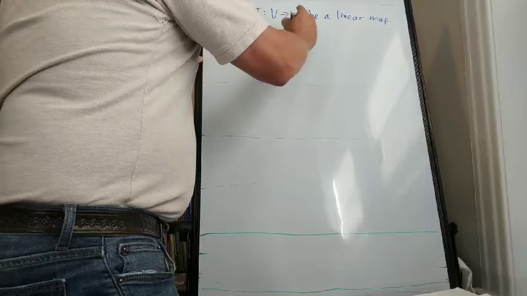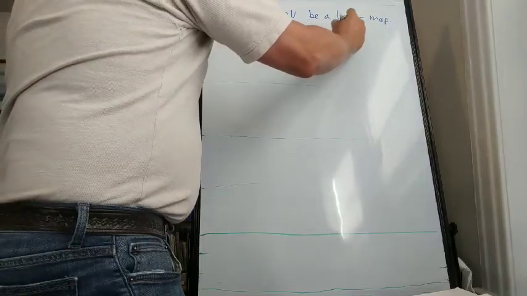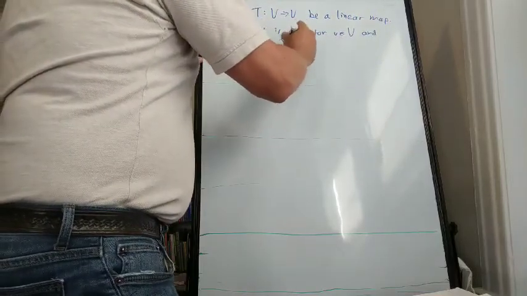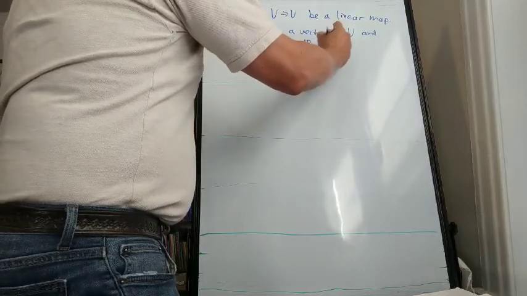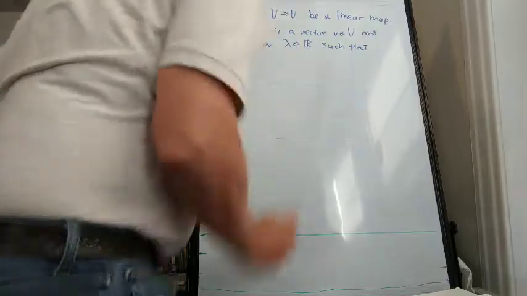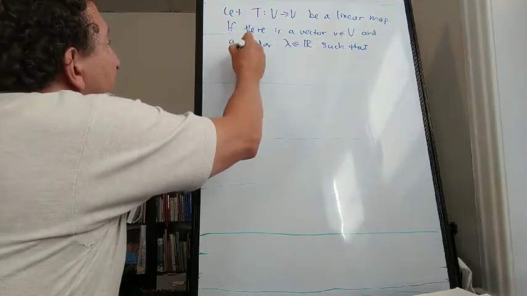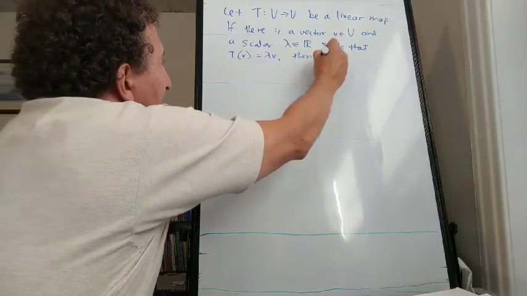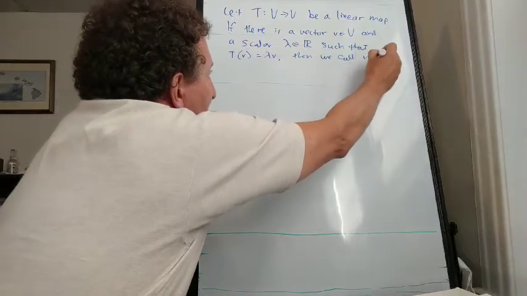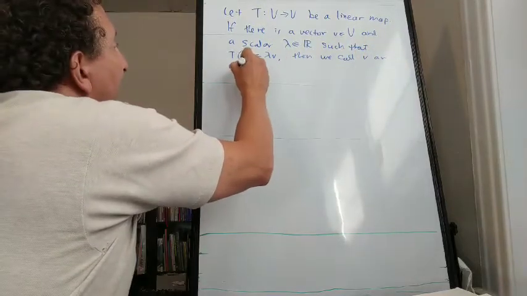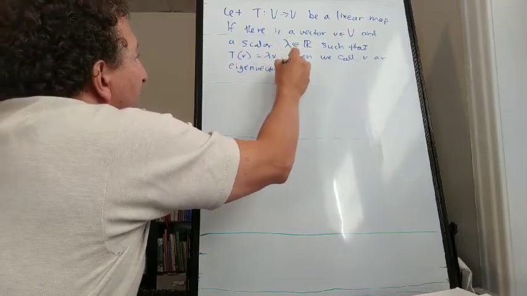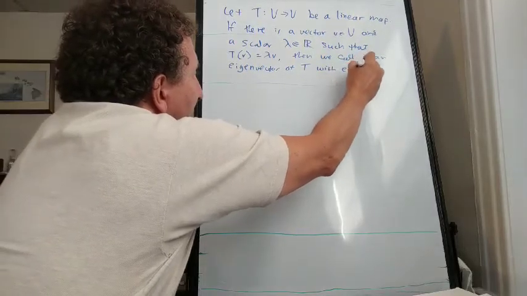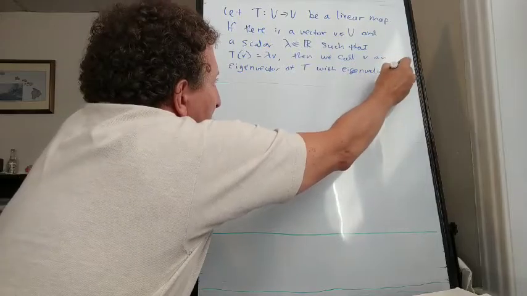Now if there is a vector little v in V and a scalar, let's say lambda, in the reals, such that T of v happens to be equal to lambda times v, then we call v an eigenvector of T with eigenvalue lambda.